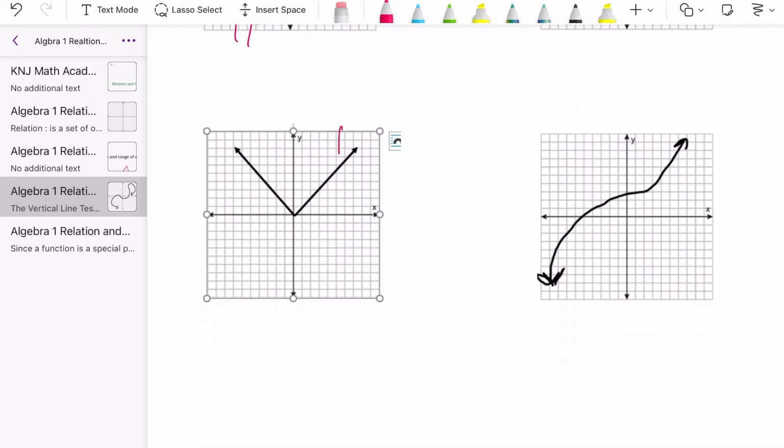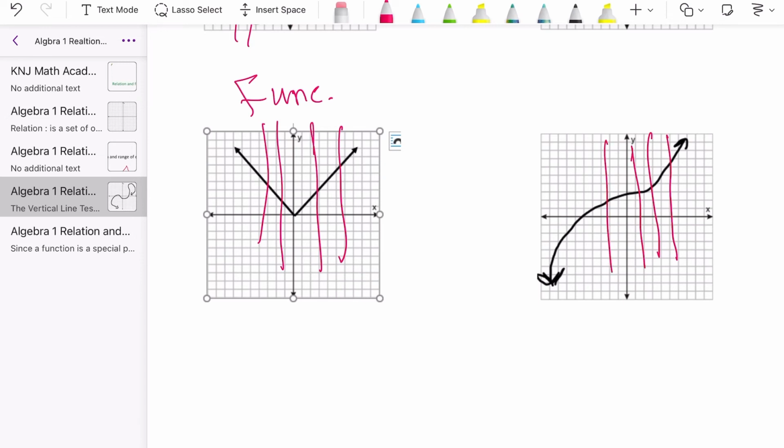It is the same also for this one. If you draw all of these vertical lines, it is intersecting only 1 point, so that's a function. The last one here, it is the same, drawing all of these vertical lines, the intersection goes through 1 point only, so that is also a function.